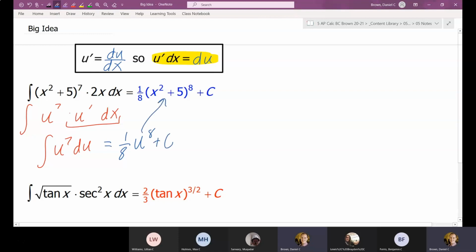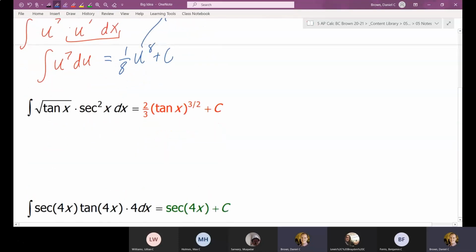Well, what was u? U was that x squared plus 5. So it's going to allow us to take these integrals, make them simple so that we can integrate them easily, and then put it all back in terms of x or whatever the variable is. And that's also why, notation-wise, we always want to have a d something at the end of an integral sign. Those always go together.